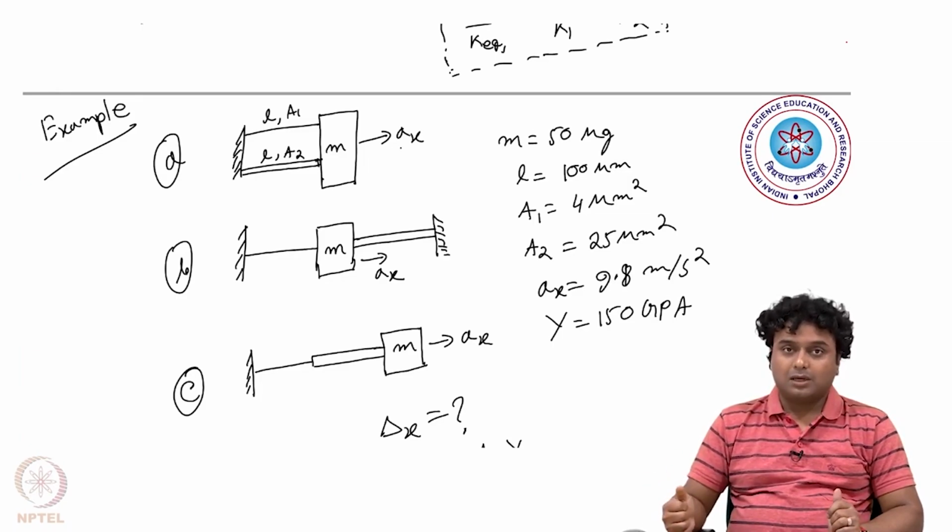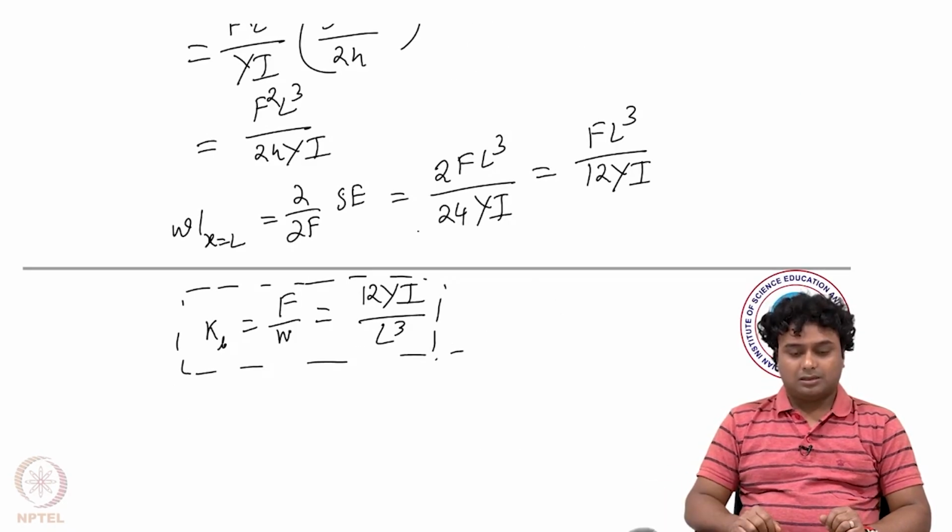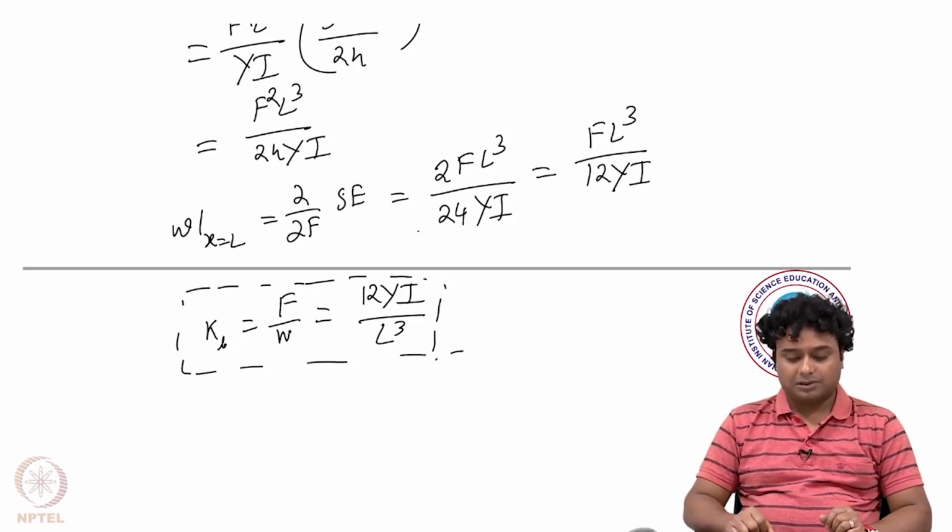And from that we can back calculate the force. In the end we found, for the guided beam structure, that Kb is equal to 12 EI by L cubed. So, that is the stiffness constant for a guided beam structure.